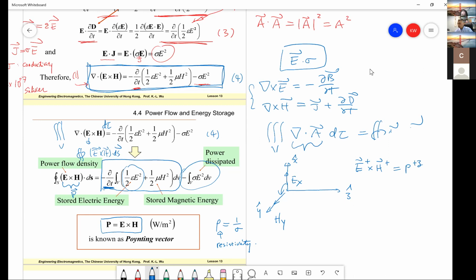So in the other case, we have the electrical field propagating in the minus Z direction, cross minus H. In this case, minus H refers to propagating in the minus Z direction.